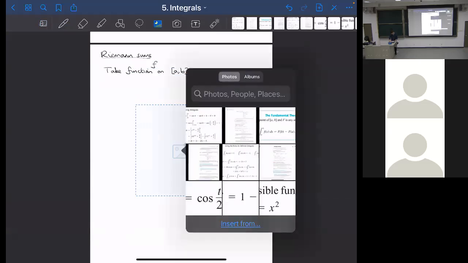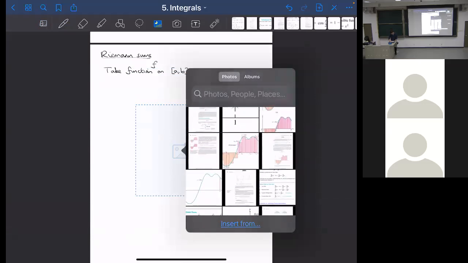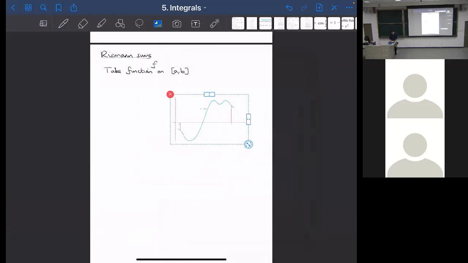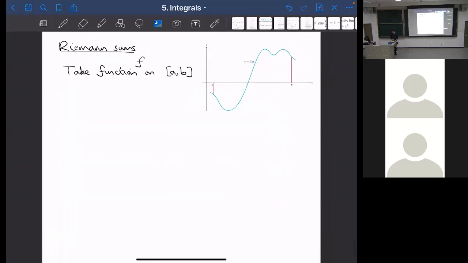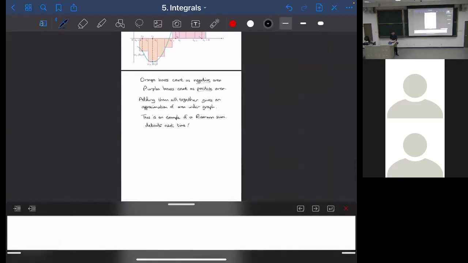Let me find the example we had from last time. So here we are. An example of a function like this, and we see it can be positive or negative. So actually, I'm just going to copy in what we had from last time.